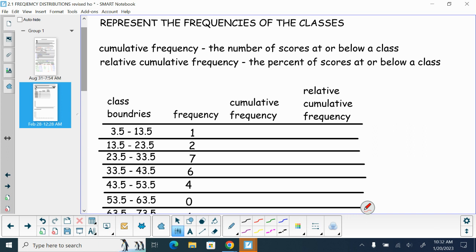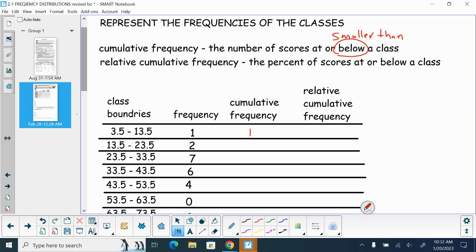So if we take a look at the cumulative frequency, okay, here's my class. This should be class boundaries here. Okay, here's my frequency. The number of scores that are at this class or below. When I talk about below, smaller than the class. We have one that's at this class. You have no classes below that.